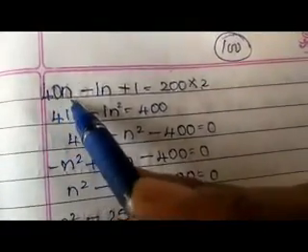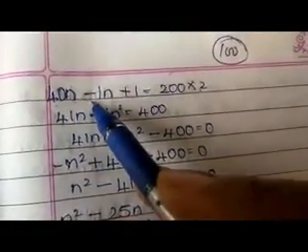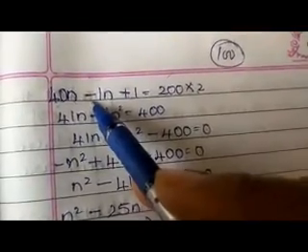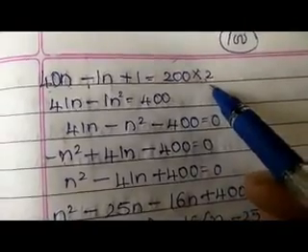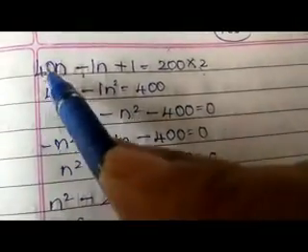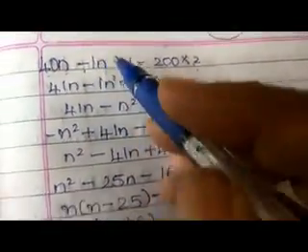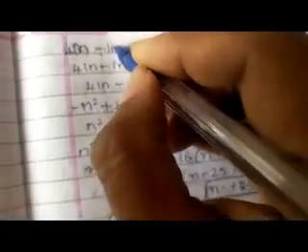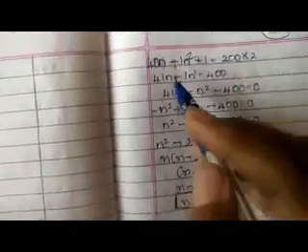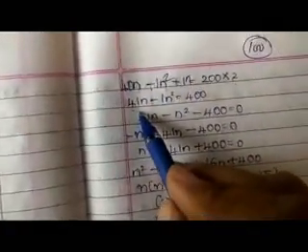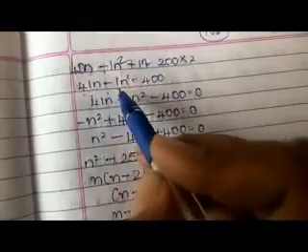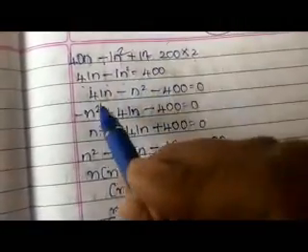Therefore 40n minus 1 into n minus 1 is equal to 200 into 2 is 400. Therefore 40n, 40n minus 1n square, 40n and 1n, that is 41n minus 1n square is equal to 400.